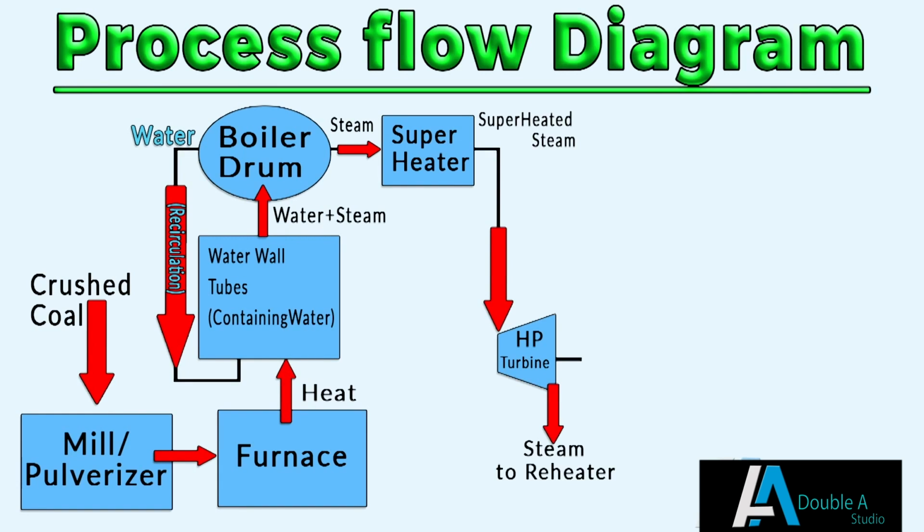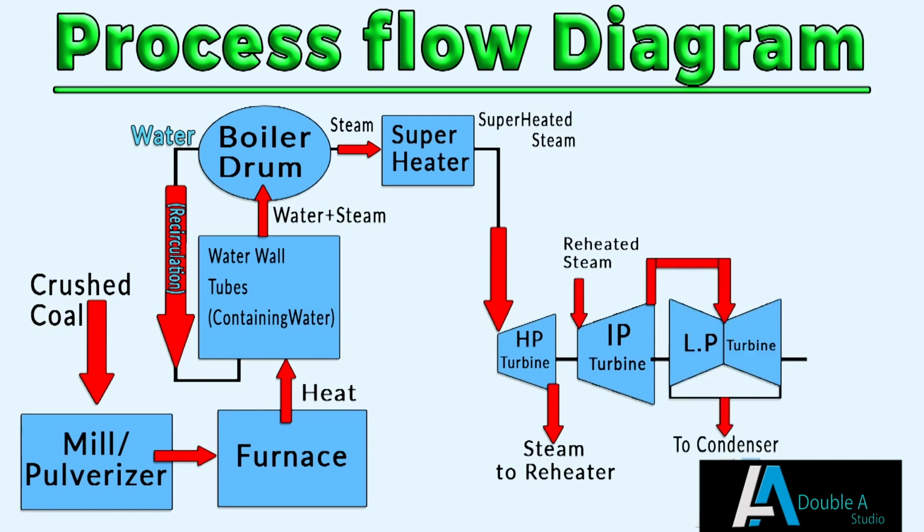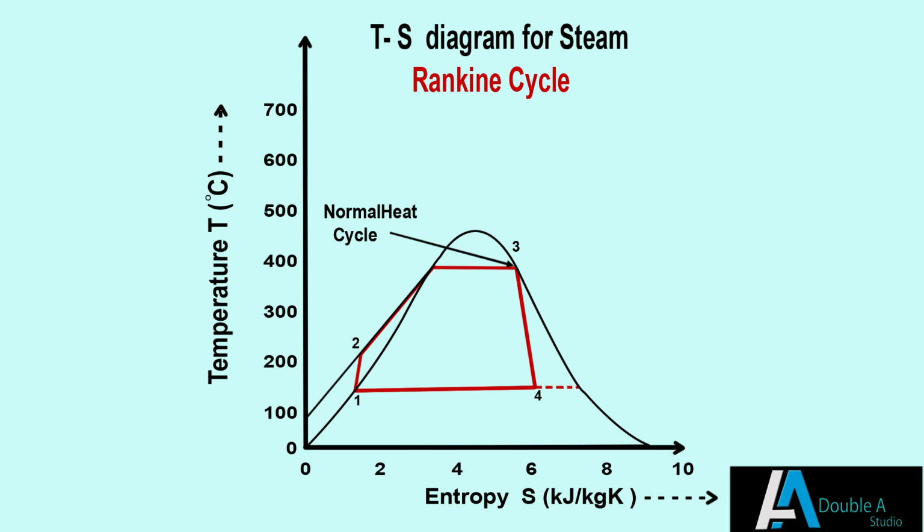After expansion in turbine, temperature and pressure of steam drops and steam becomes wet, so steam is sent to condenser for condensation. Broadly, there are four processes in Rankine cycle as shown in the graph.